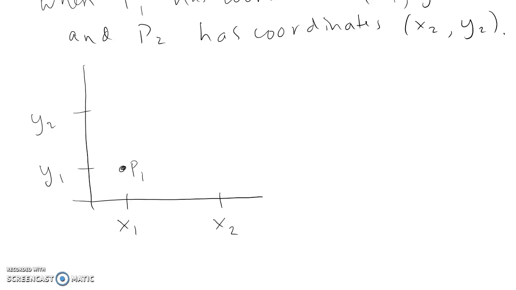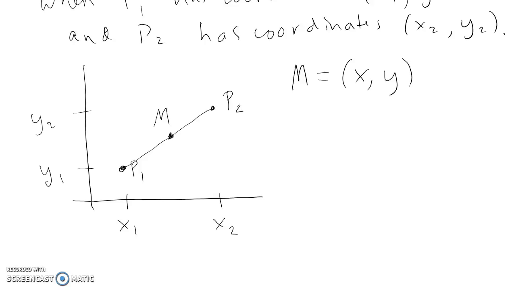We'll have P1 here with coordinates x1, y1, and P2 here with coordinates x2, y2. So I have a line segment, and this time I'm going to be looking for the midpoint. The midpoint is going to be exactly right in the middle. We're going to call it M. And remember that M is a point, so it has coordinates x and y. We'll just call them x and y right now.